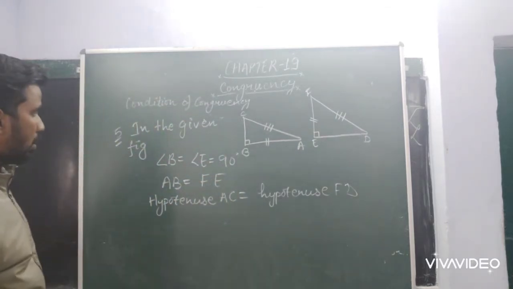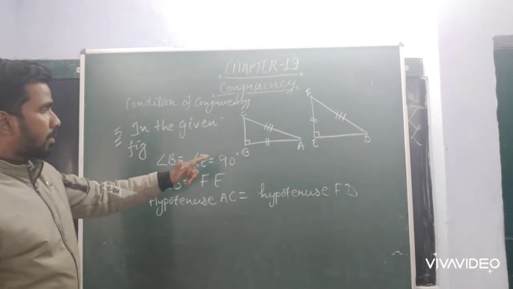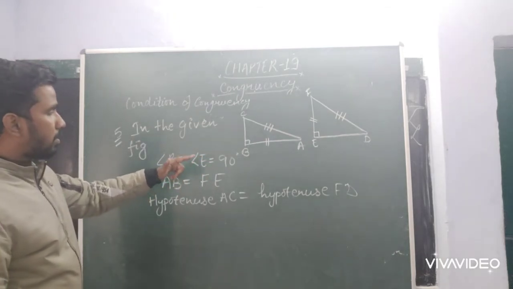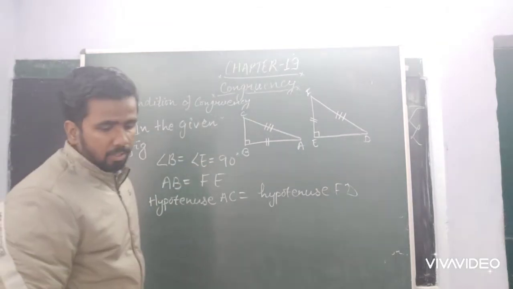So by this we can prove that right angle triangle ABC is congruent to DEF. Clear?